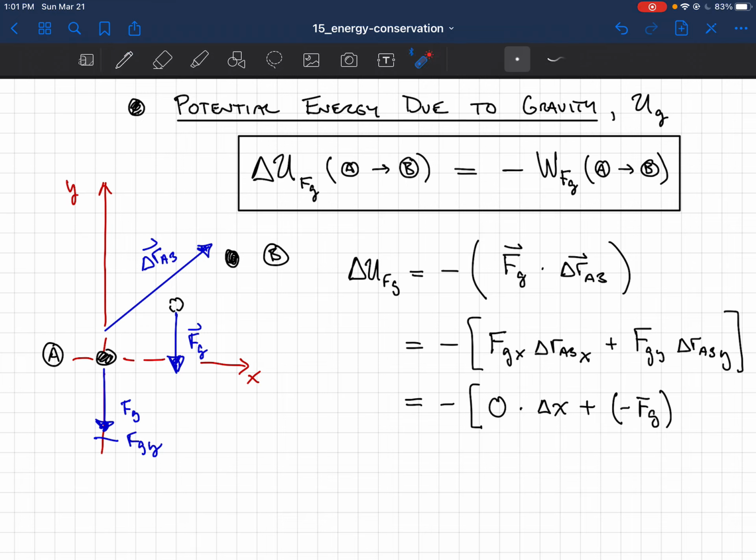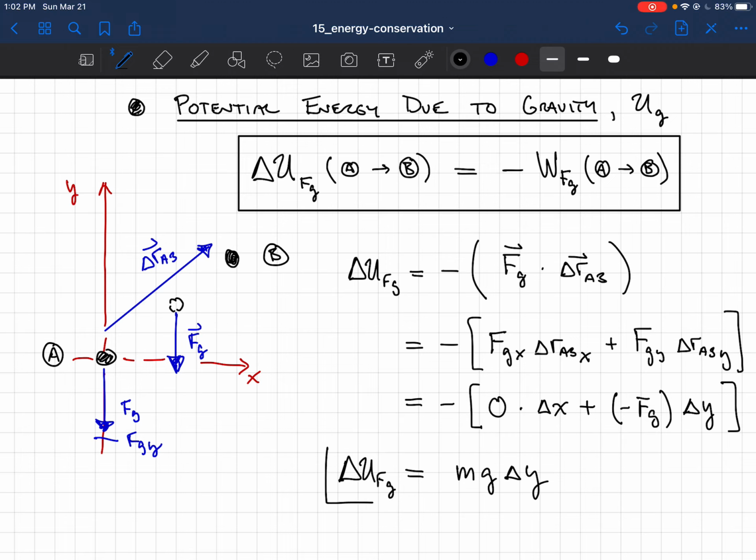Well, that is the y component of the delta R vector, which we just call delta y. So it's the delta y for the path. So what does this whole thing turn out to be? Well, it's going to be minus 0 minus mgy. So it's just mg delta y. Put a box around that as well.